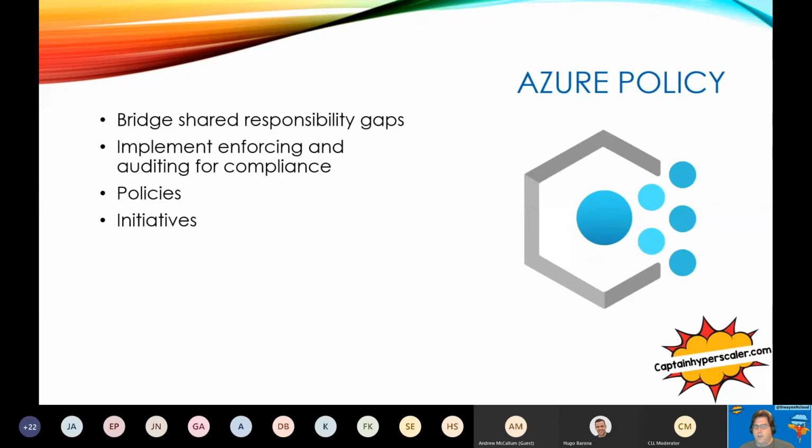You can create your own custom policies, or there are built-in policies and initiatives for different regulations or best practices that you can stand up within your organization.